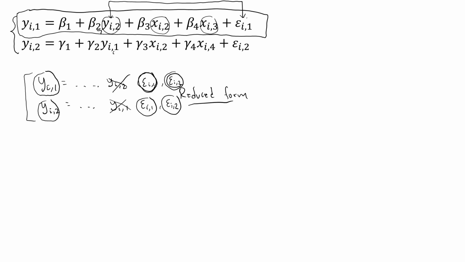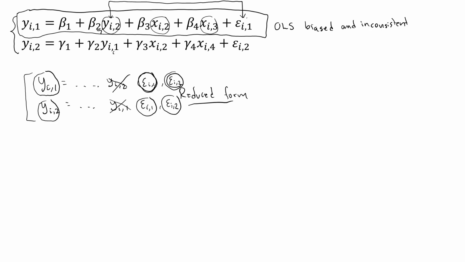So we know that if we run OLS on just this first equation, it is not going to give us unbiased and consistent results. The same will obviously be true for the second equation.